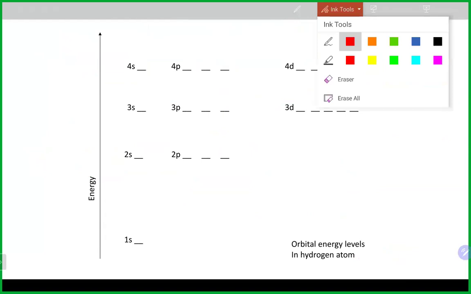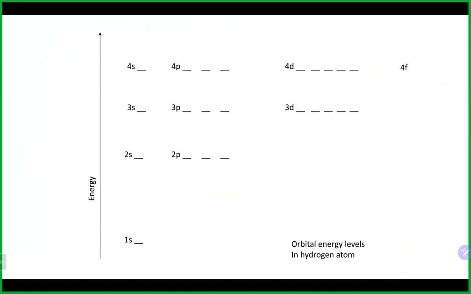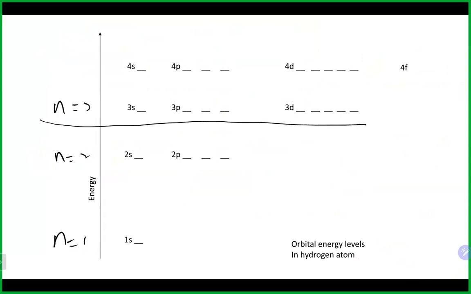Now, what we see on this energy map is when we look at n equals 1, n equals 2, n equals 3, and so forth, everybody on the third energy level is perfectly equal with each other. Everybody on the second is perfectly equal with each other in terms of the orbitals. Once we get more than one electron in an atom, because electrons are negatively charged, they don't want to be near each other.